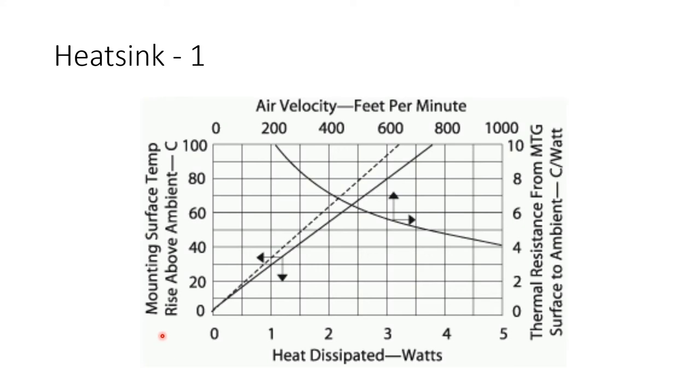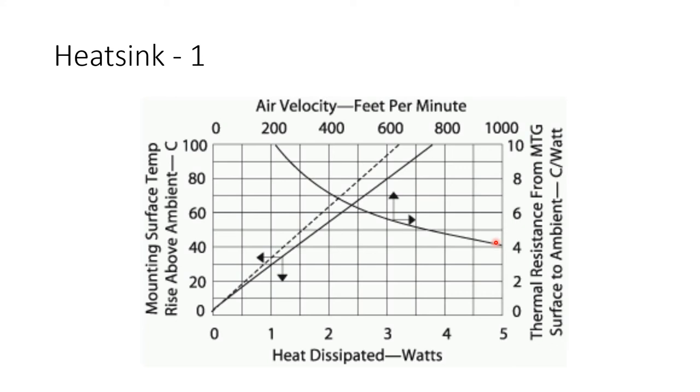The first is the temperature rise versus power dissipated, and the second is the thermal resistance versus air velocity. These 2 graphs are put onto one graph paper. The line with a rising slope represents the temperature rise versus power dissipated graph, and this other line represents the air velocity versus thermal resistance graph.